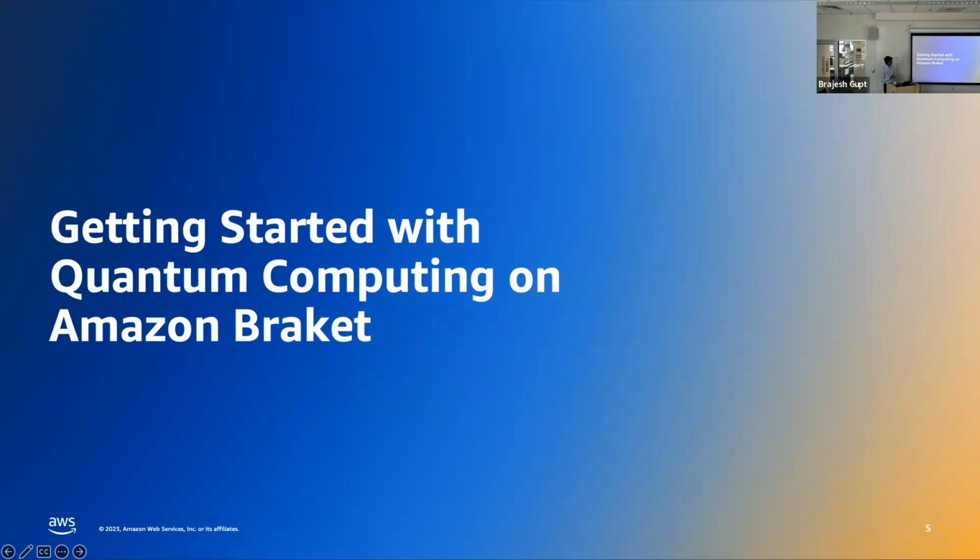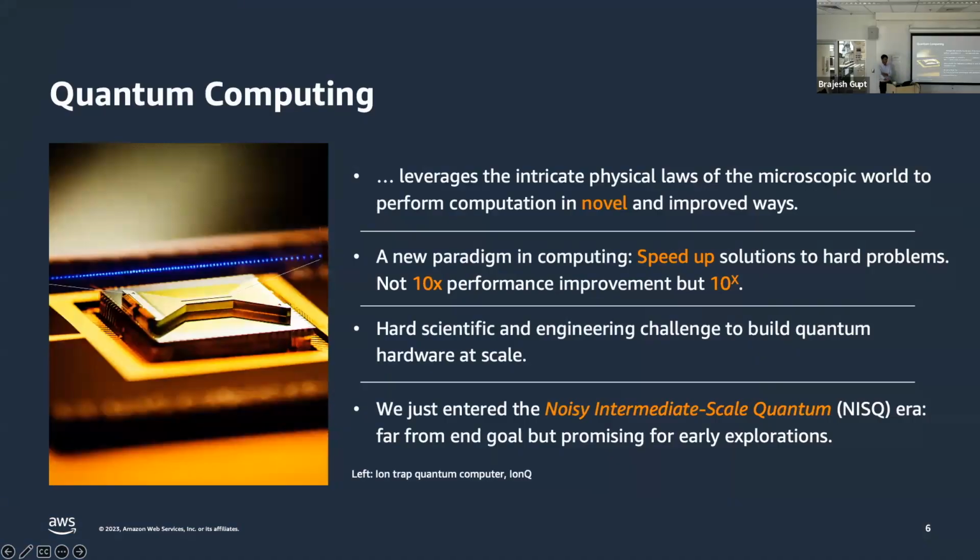So let's talk about what we're doing in terms of quantum computing at AWS. So quantum computing, as you might have heard, is a completely new paradigm of doing computing, which is fundamentally different from traditional computing, because in quantum computing, one uses the laws of quantum physics to devise new hardware that encodes information in terms of qubits, right?